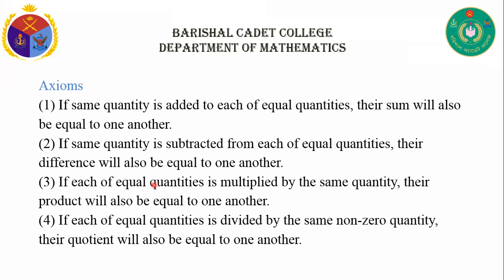The third axiom says if we multiply both sides of an equation by the same number, there will be no change of the equality. And last, if we divide by a non-zero quantity, their quotients will be the same as previously.